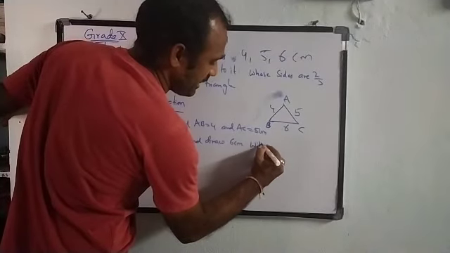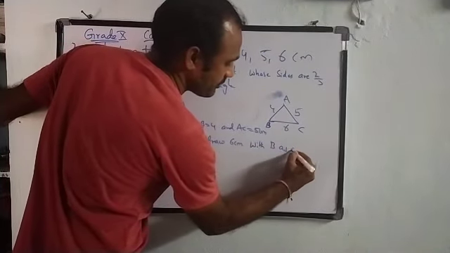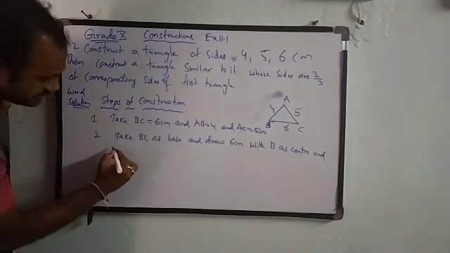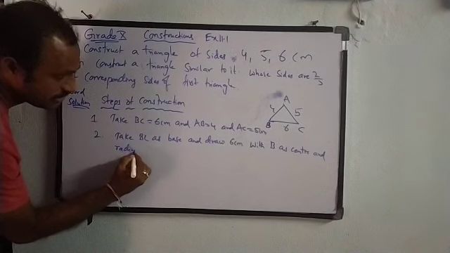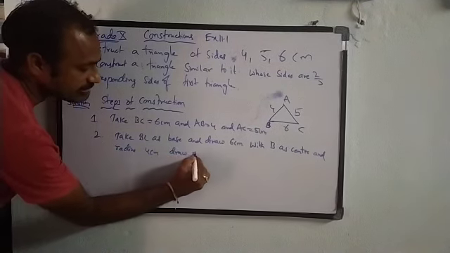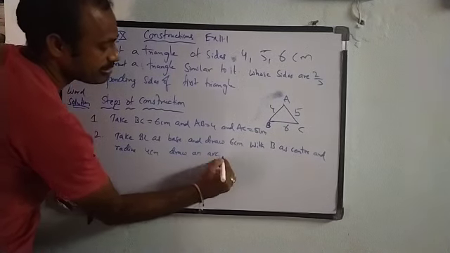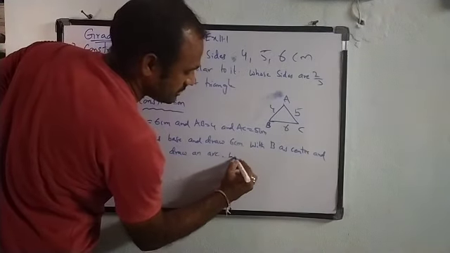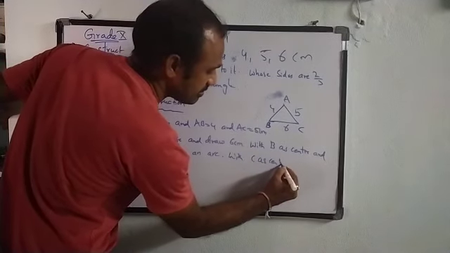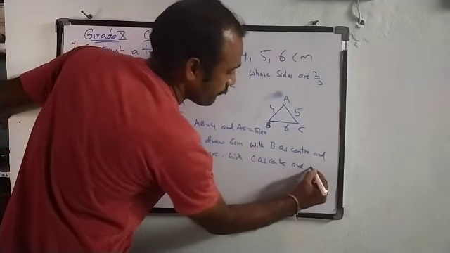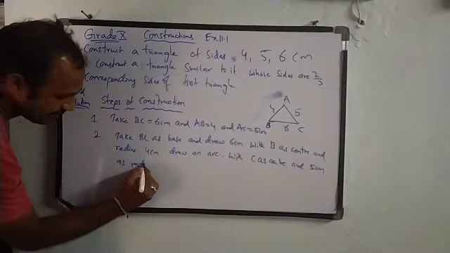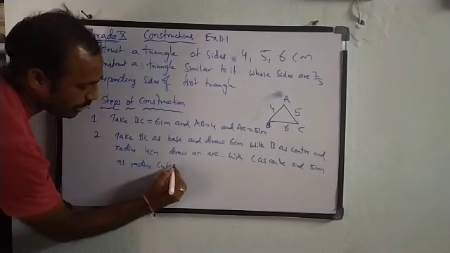With B as center and radius 4 centimeters, draw an arc. With C as center and 5 centimeters as radius, cut the above arc.